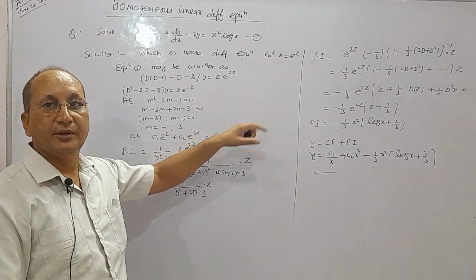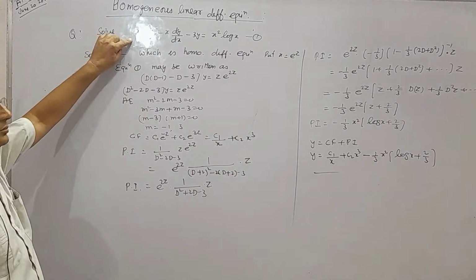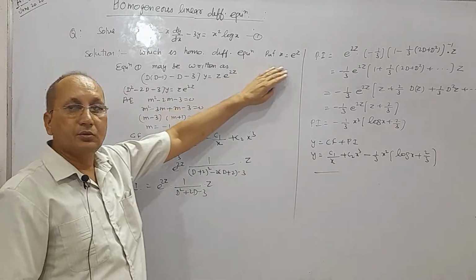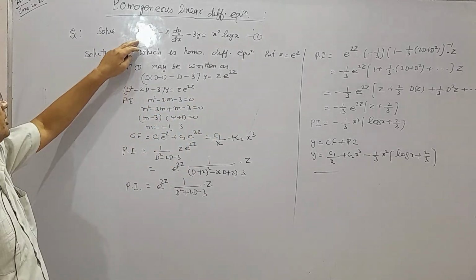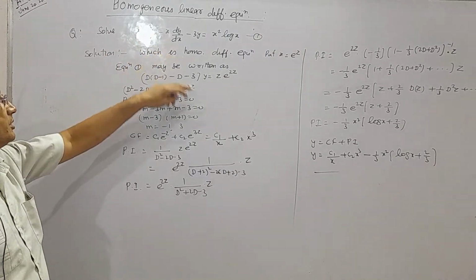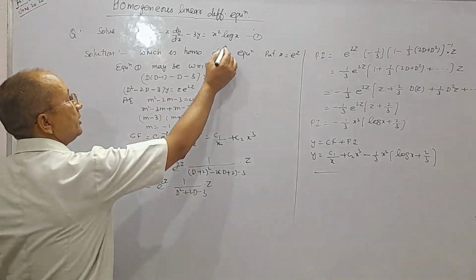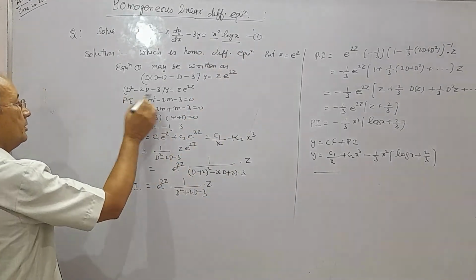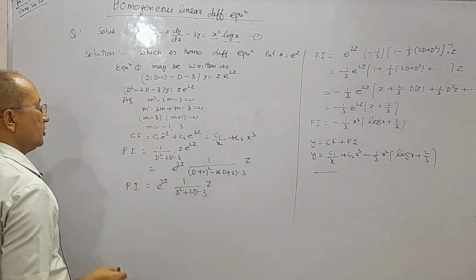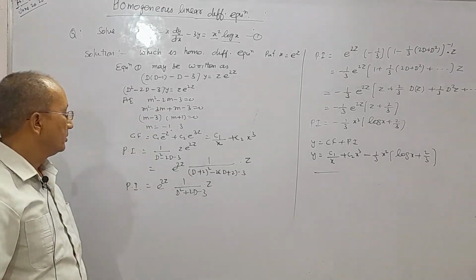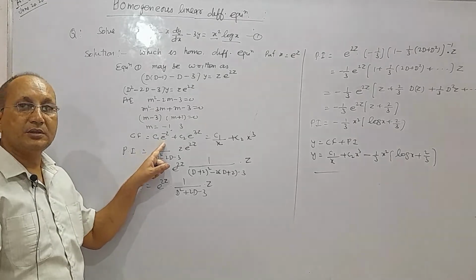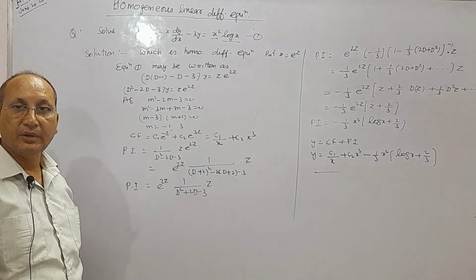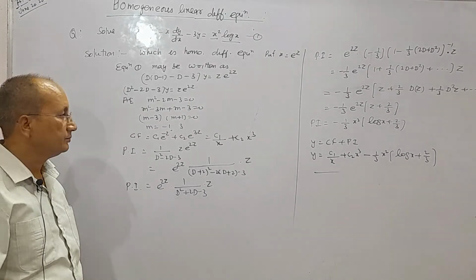Once again we explain it. That is a homogeneous equation, putting x equals e to the power z and log x equals z, that is D square minus D minus 3 into y equals z e to the power 2z. The auxiliary equation has roots minus 1 and 3, CF is C1 e to the power minus z plus C2 e to the power 3z, putting the values of e to the power minus z and e to the power 3z.